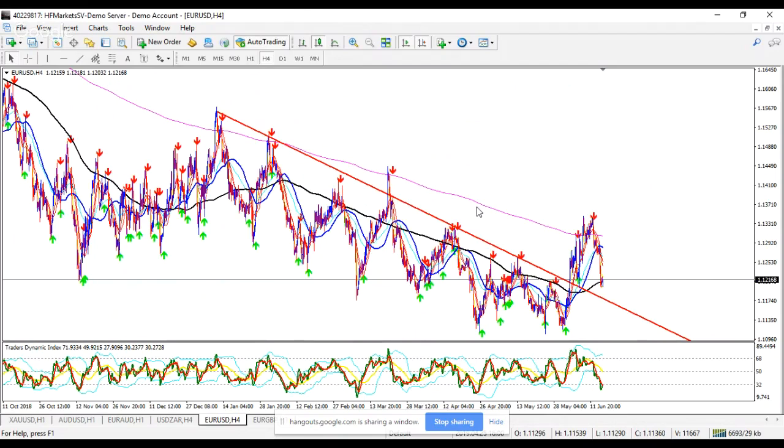So it looks like a breakout from a downtrend on the H4, which is good news considering the fact that Euro USD or Euro has been falling for about a few weeks now, and thanks to factors like Italy being in depression, recession. I mean, you understand what I'm saying?